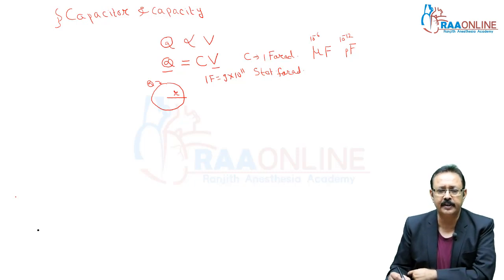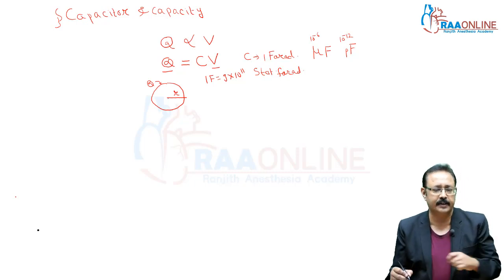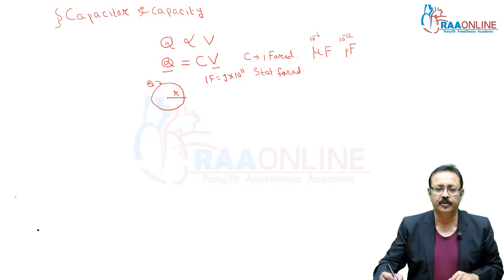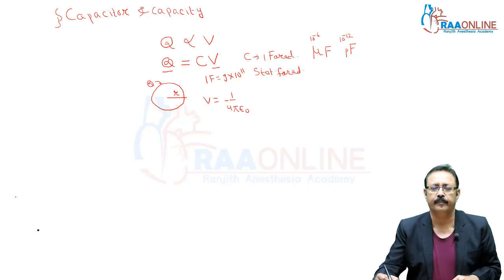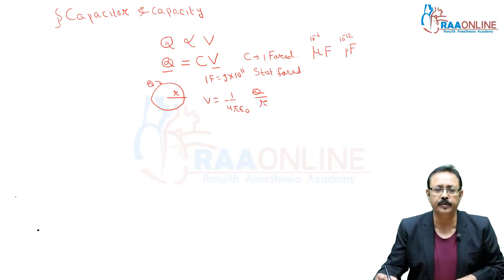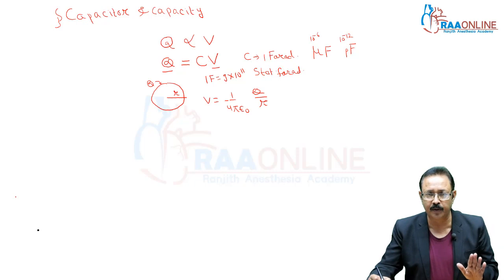For the surface and any point outside, this conductor will behave as if all of its charge is at its center. So potential of the surface should be 1 upon 4 pi epsilon naught Q by R.